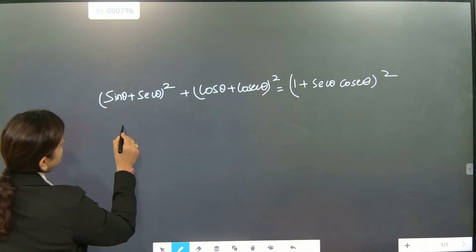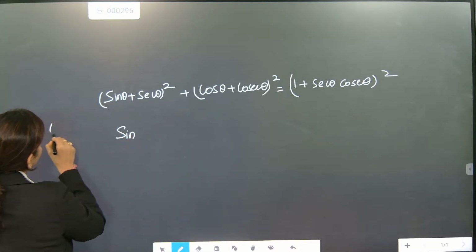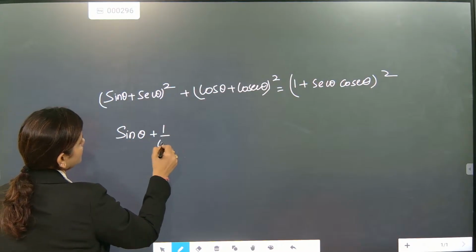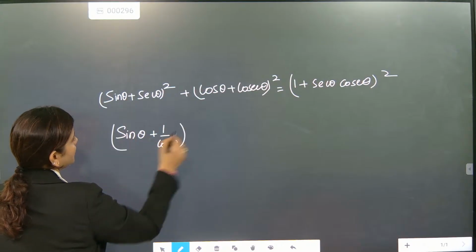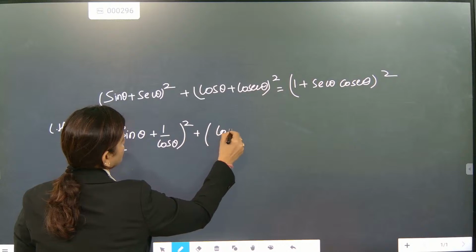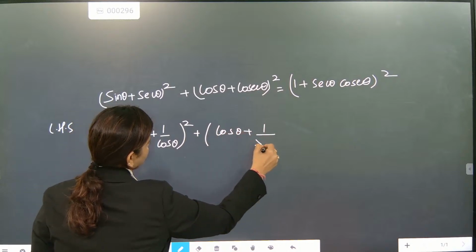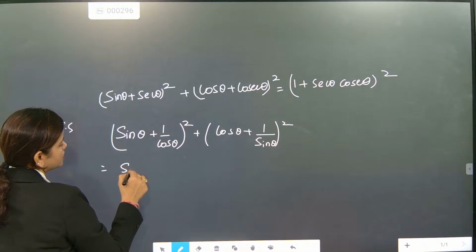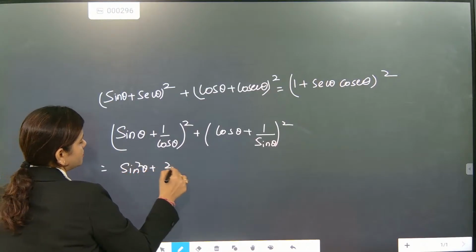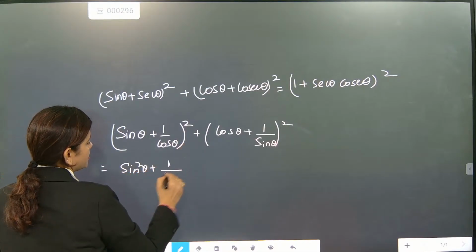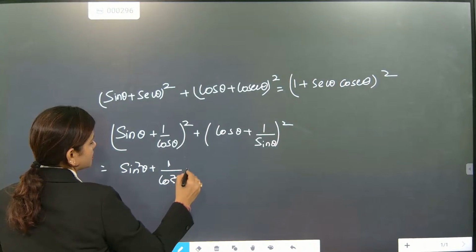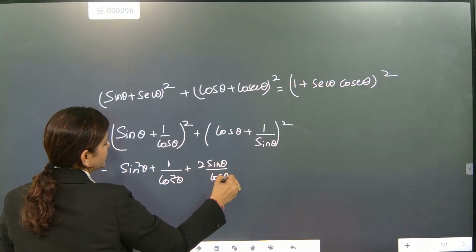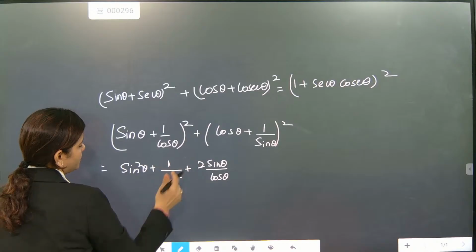How to solve this question? See, first LHS, this is sine theta plus 1 by cos theta, okay, cos theta plus 1 by sine theta whole square. Now a plus b whole square: sine square theta plus 1 by cos square theta plus 2 sine theta by cos theta, a square plus b square plus 2ab.